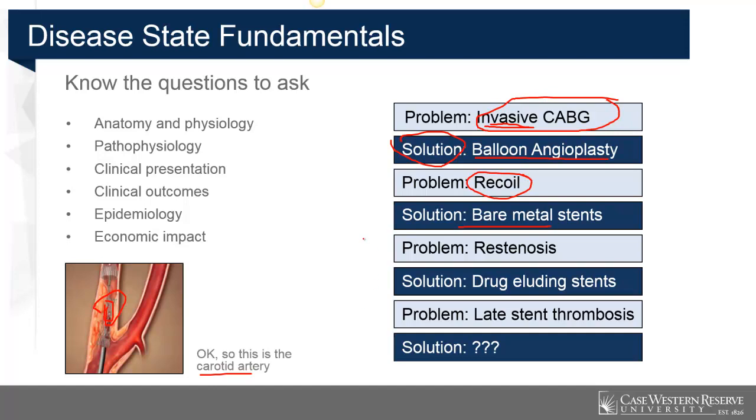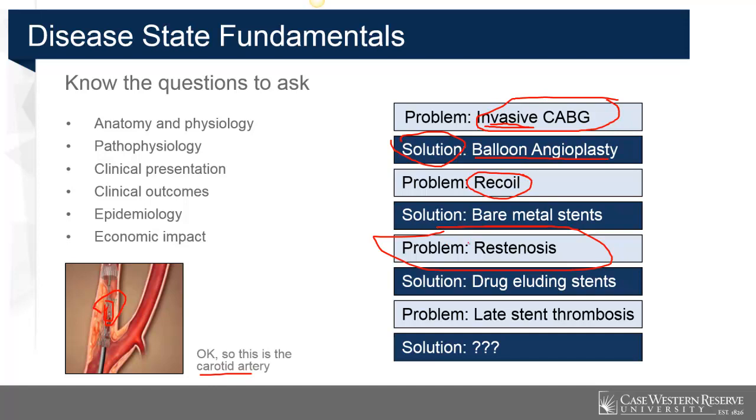The stent holds the plaque to the side, and we restore the flow that way. That worked well, but the problem there was restenosis. Stenosis is the occlusion, so restenosis is the recurrence of the blockage, and this is very common for people with coronary stents.